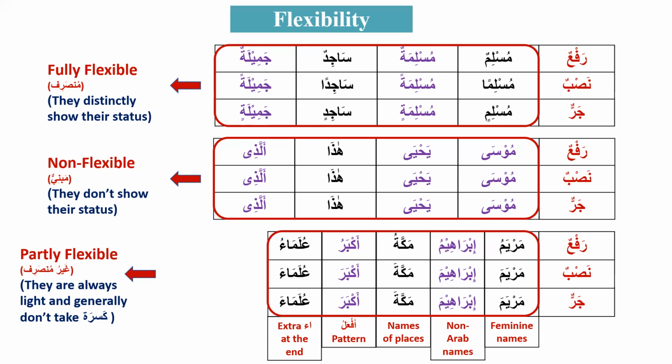I did not use this word for a female person. I used it to describe the beauty of the sky. So then Jamilatun is not used as a feminine name; rather, it describes the beauty of something. But if I use it for a feminine name, for a female, it will be Jamilatu, Jamilata, Jamilati.